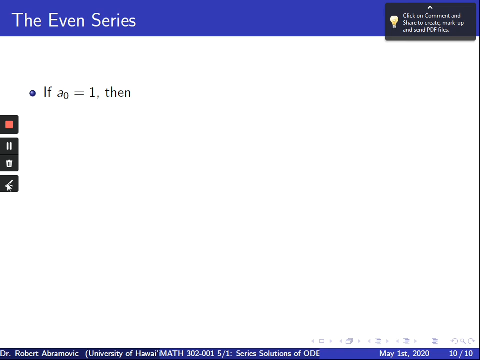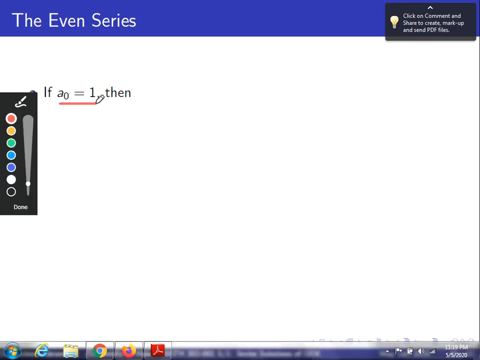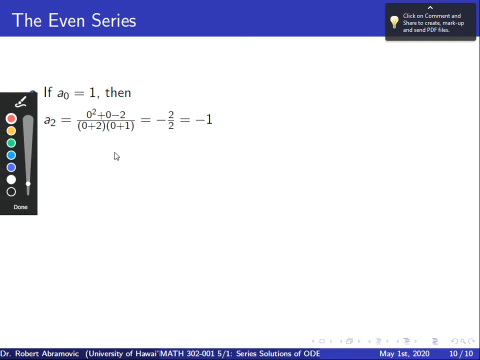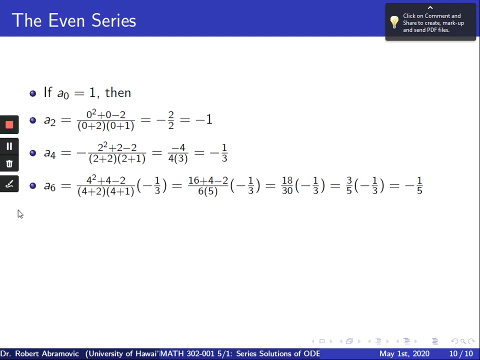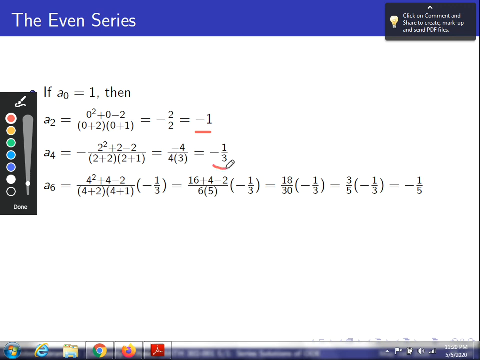Now let's say instead of saying a1 was 1, let's say a naught was 1. And what do we get? A2 is negative 1. A4 is negative a third. A6 is negative 1/5. So what does this look like? We have 1, negative 1, negative a third, negative 1/5.